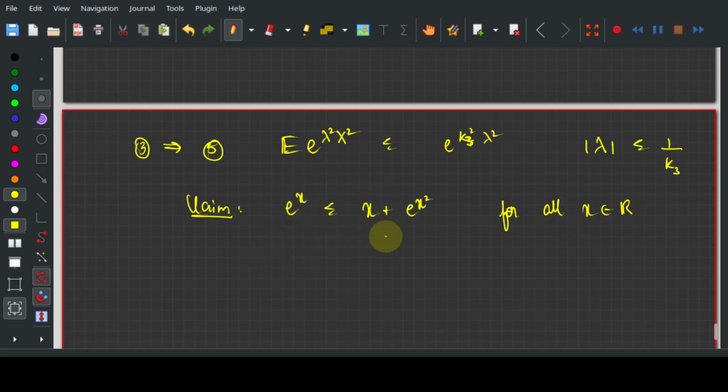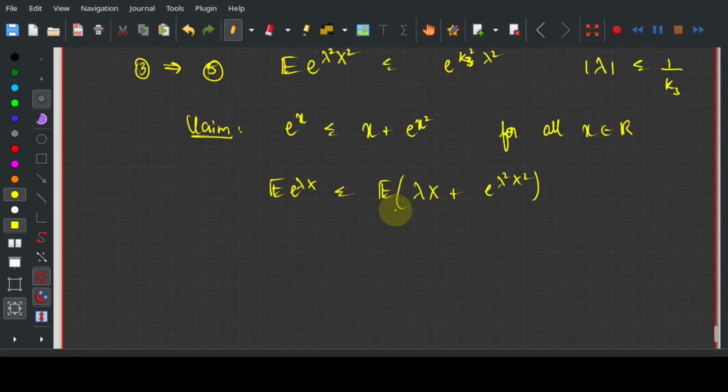So if this is true, then expectation of e to the lambda x is less than or equal to expectation of lambda x plus e to the lambda square x square. But what is expectation of lambda x? It's 0. And expectation of e to the lambda square x square is upper bounded by e to the k3 square lambda square. So this is less than or equal to e to the k3 square lambda square.